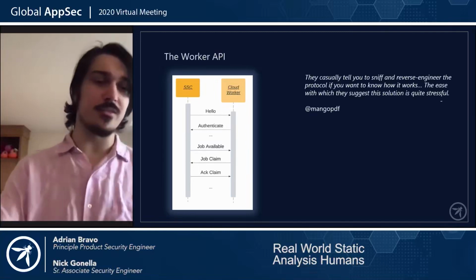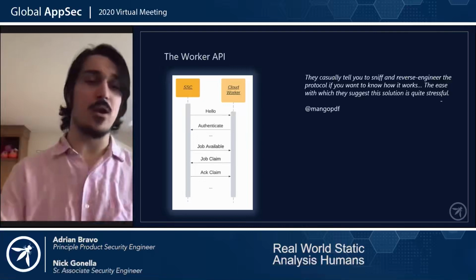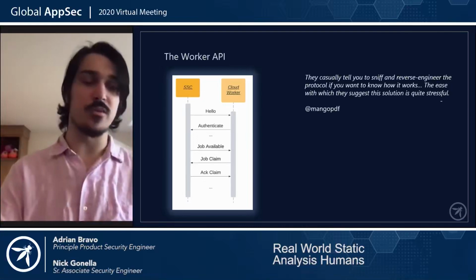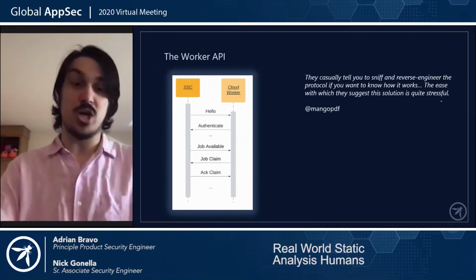The SSC says hello, the cloud worker sends back an authentication packet, which was done with a pre-shared secret, and then they start waiting for jobs to show up.